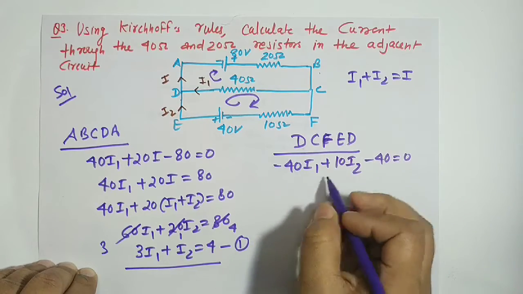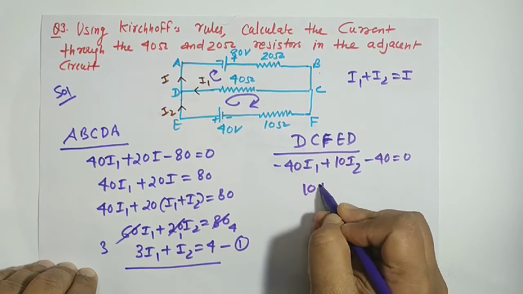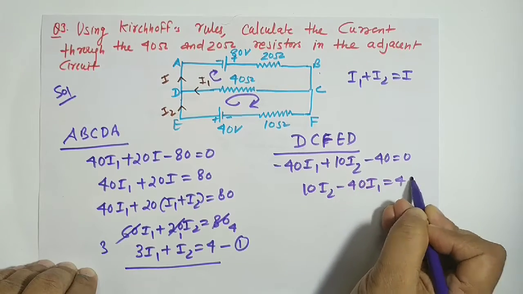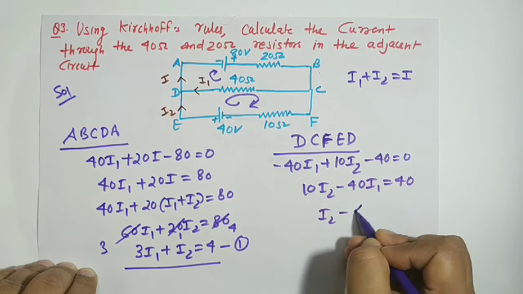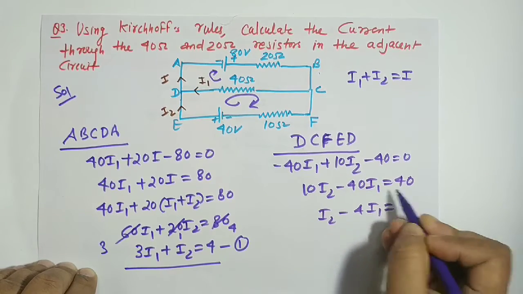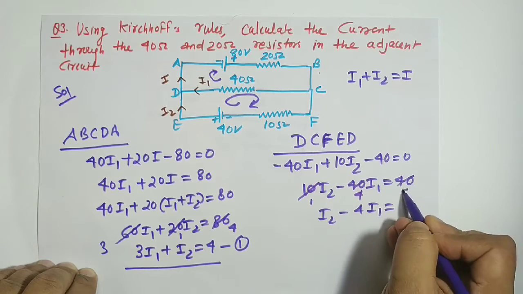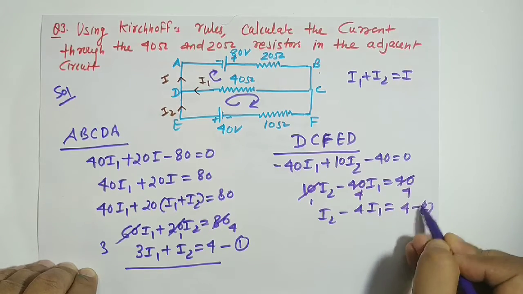So solve it out. It will be 10 I2 minus 40 I1 equal to 40. And then I2 minus 4 I1 equal to 4, dividing by 10. This is the second equation.